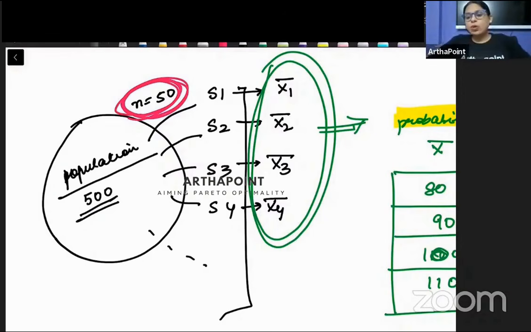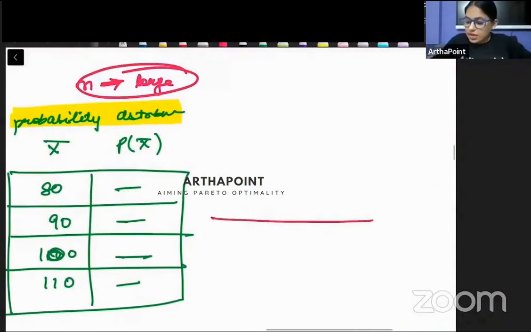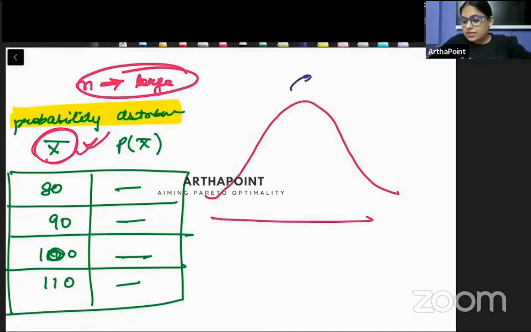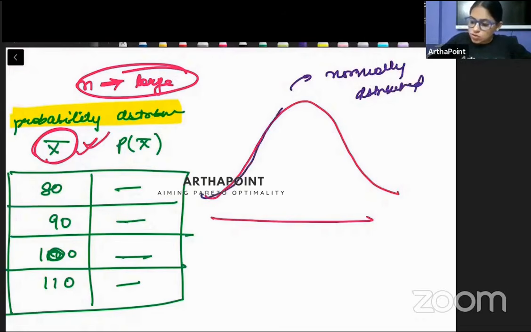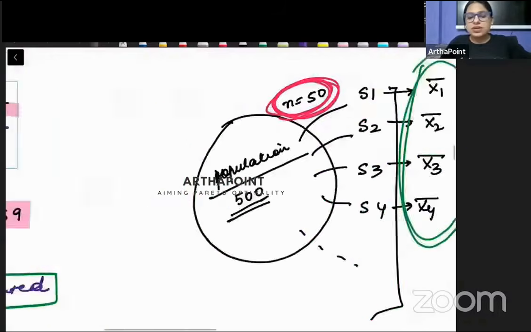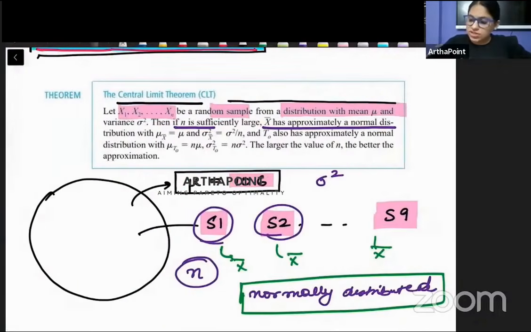But as of now, I am going ahead and saying that if the sample size is large enough, then if I try to plot this x bar, अगर मैं इस x bar को plot करने की कोशिश करूं, then this x bar will come out to be approximately normally distributed. इसका जो distribution बन के आएगा, it would be approximately normally distributed. So let us try to read this out, beta. I am saying if n is large enough, then x bar is approximately normally distributed.